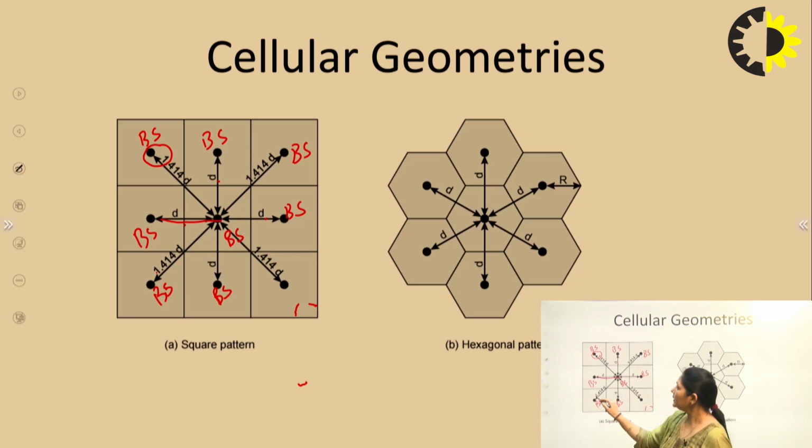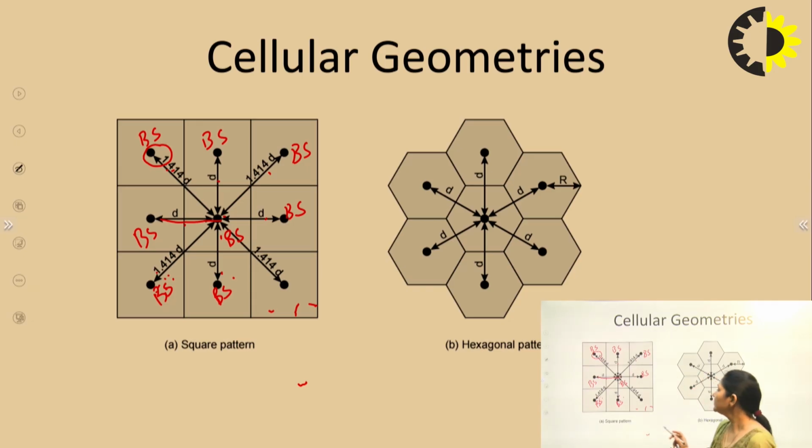But in these corner cells, the distance between the centers of these base stations will be 1.414 d, and here also 1.414 d. So this is different from the distance d in these particular cells.